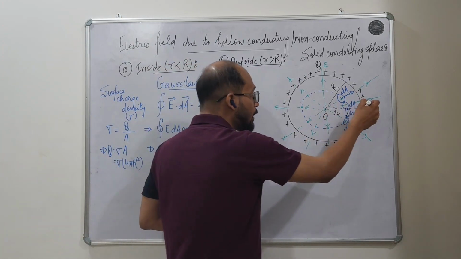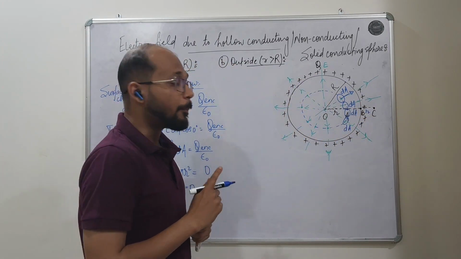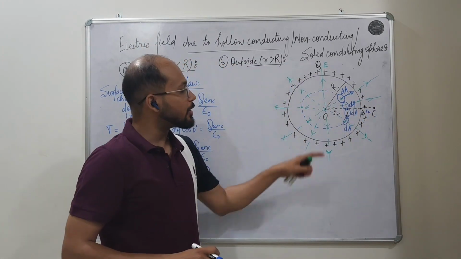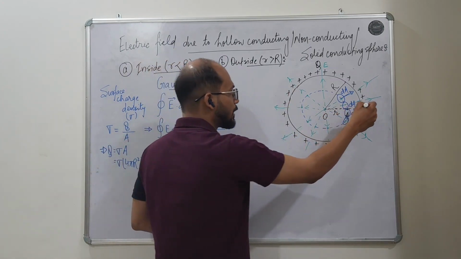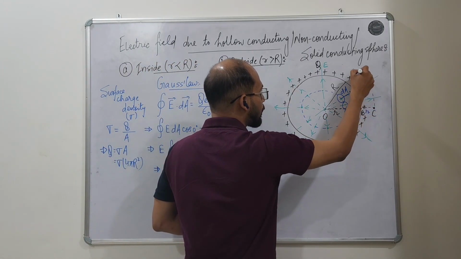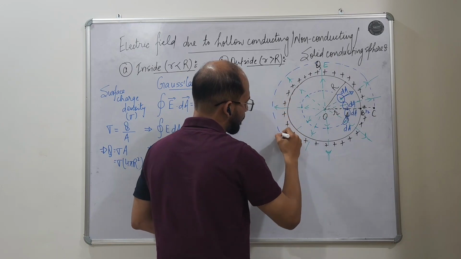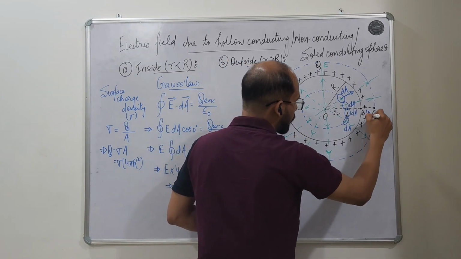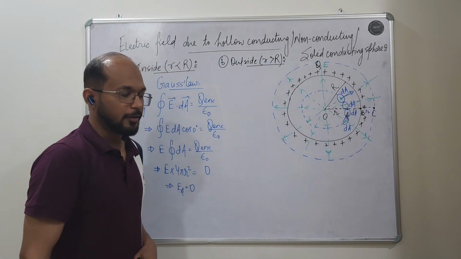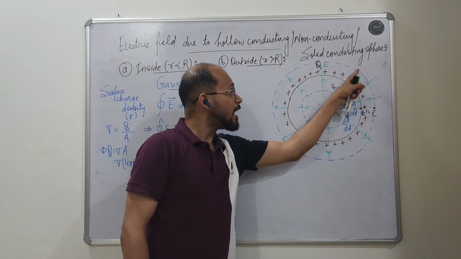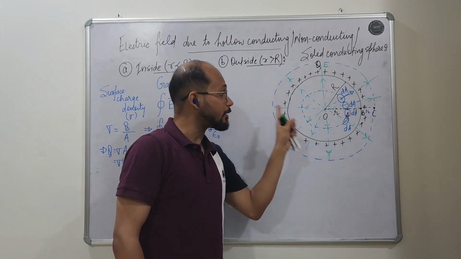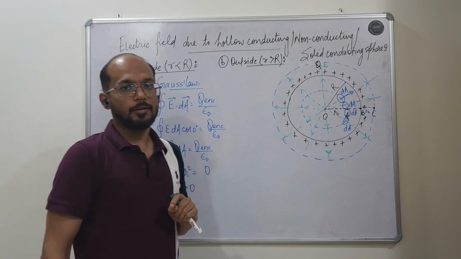So we'll choose a Gaussian surface passing through point C, which is at a distance of r from the center. We'll choose a spherical Gaussian surface passing through point C, and each and every point on this Gaussian surface is at a distance r from the center.